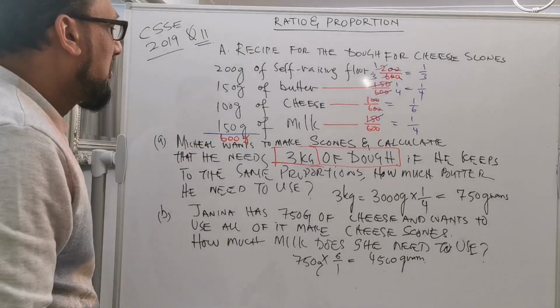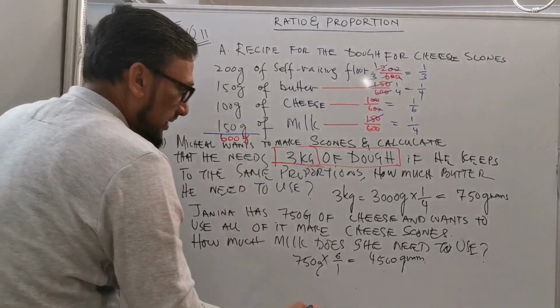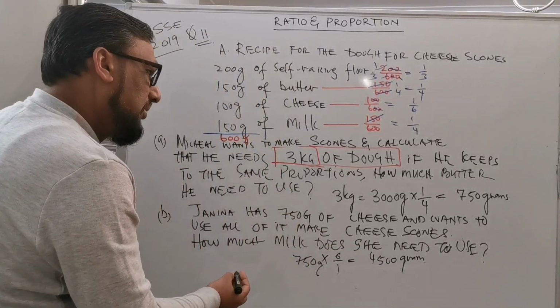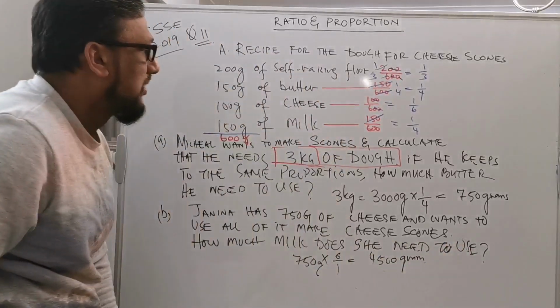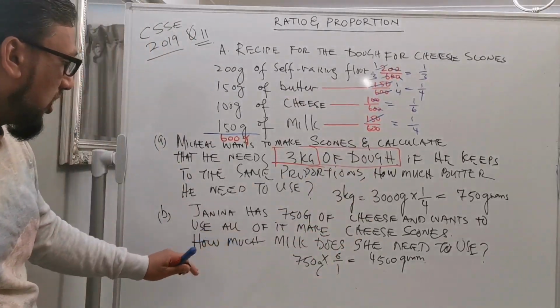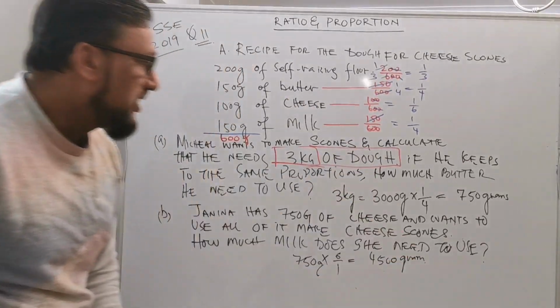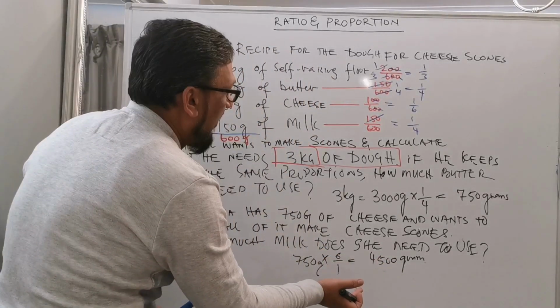And now how much milk does she need to use, if the same proportion is there? So very simple, 4,500 grams.